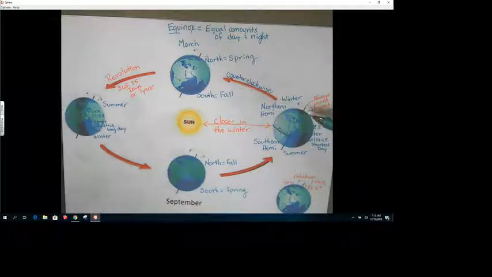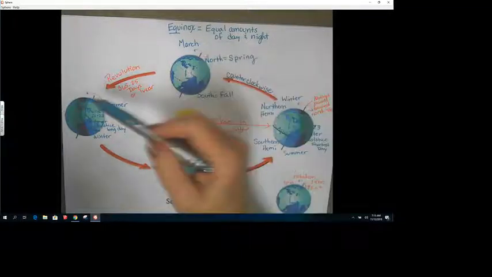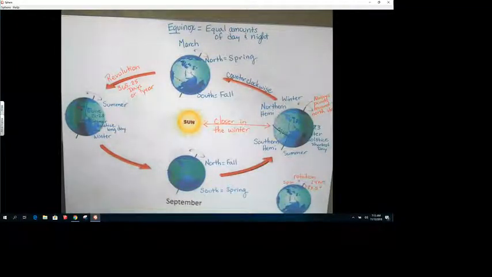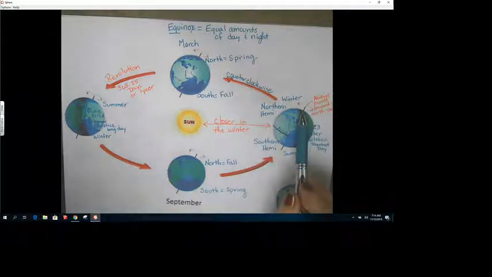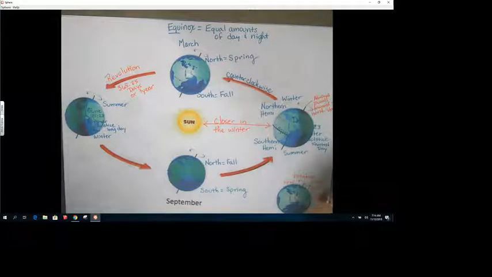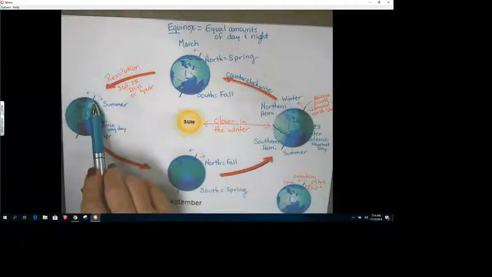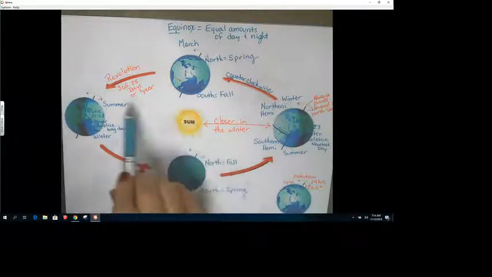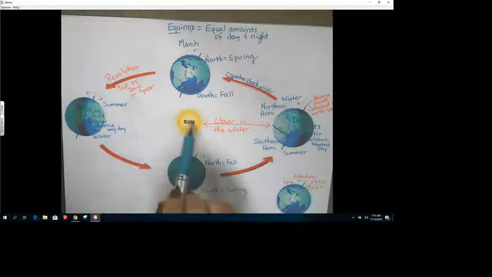So therefore, look for this, the axis, and which way it's pointing, and that will help you significantly. Big thing, again, if the axis is pointing away from the sun, it's in winter. Sorry, guys. And if it's in the summer, it's pointing towards the sun.